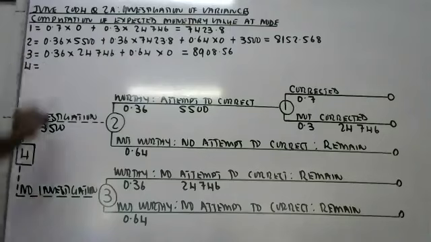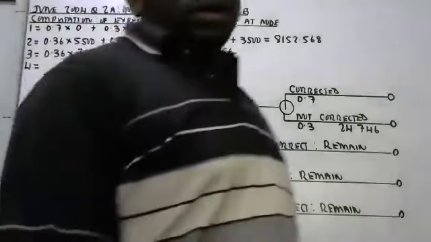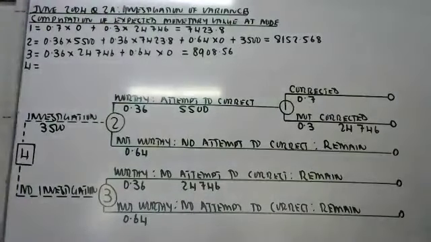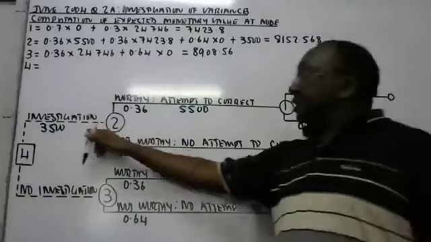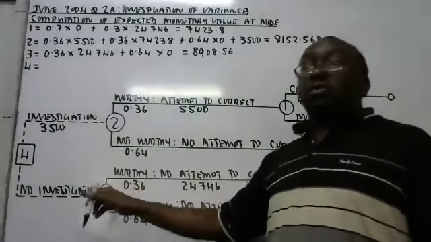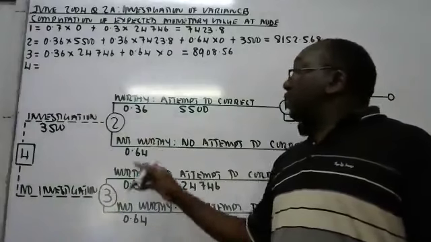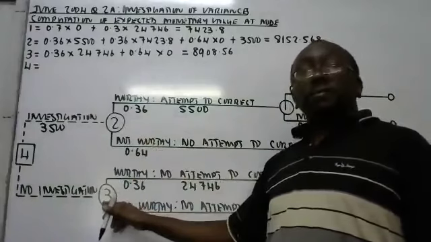Then we come to number 4. I already have said, if these lines are incomplete, what you do, you select the values at the points where those lines are going.